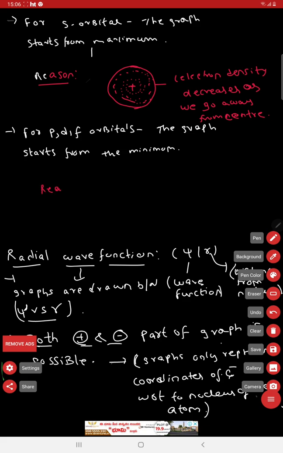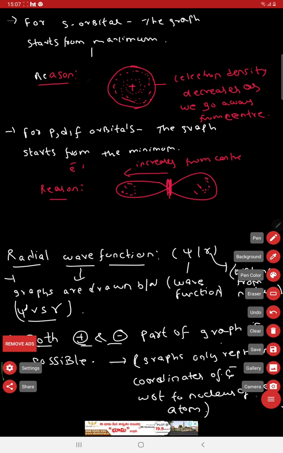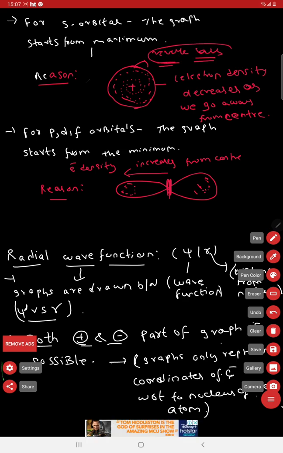The reason is, the electron density increases from the center, but here it is the reverse case.